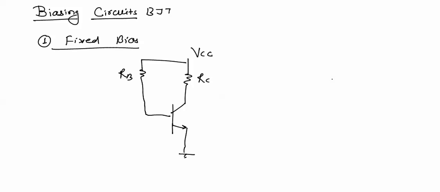This is a fixed bias circuit. In this fixed bias circuit, the stability of the circuit against temperature is very low. Means if temperature changes, the collector current IC will necessarily be increased, and it affects the operating point of the circuit.